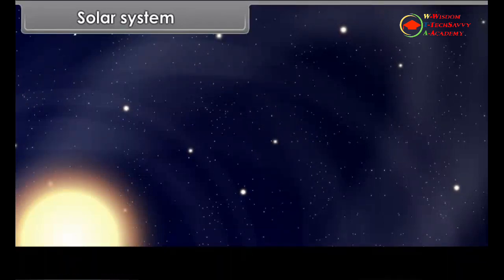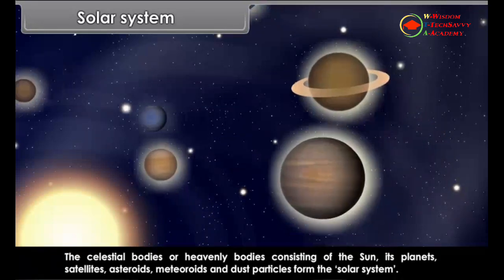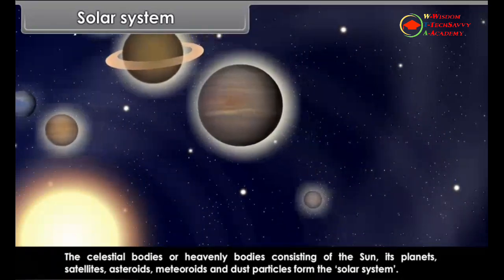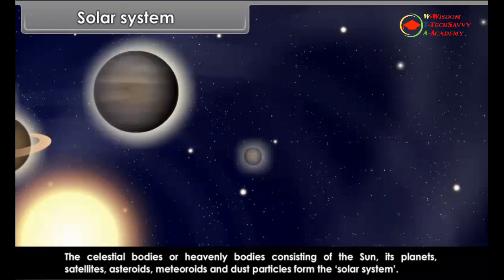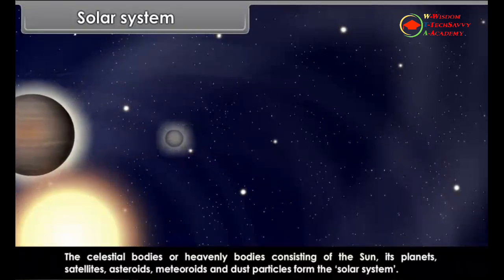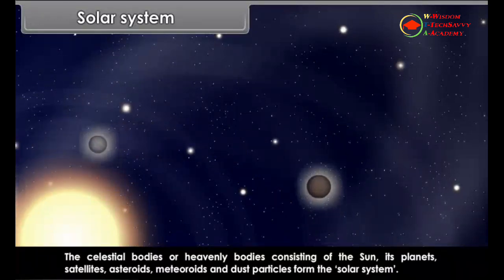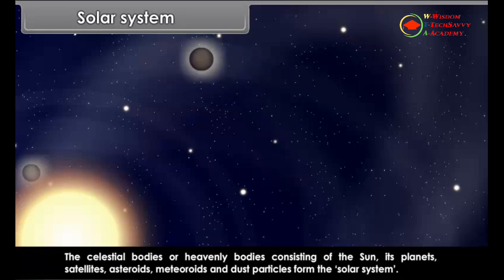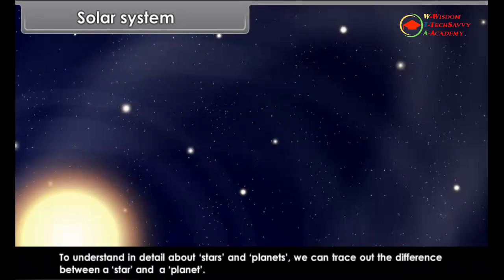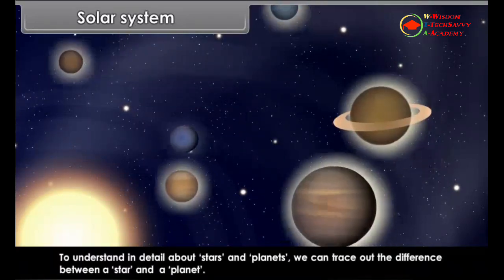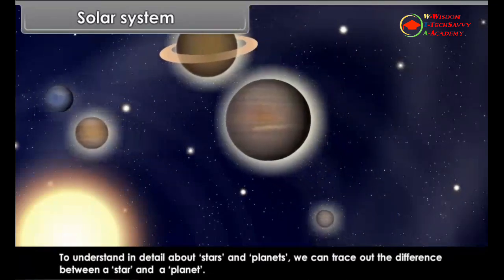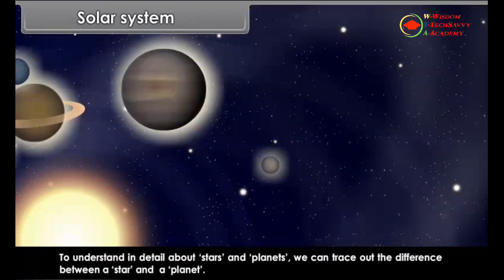The celestial bodies or heavenly bodies consisting of the sun, its planets, satellites, asteroids, meteoroids and dust particles form the solar system. To understand in detail about stars and planets, we can trace out the difference between a star and a planet.